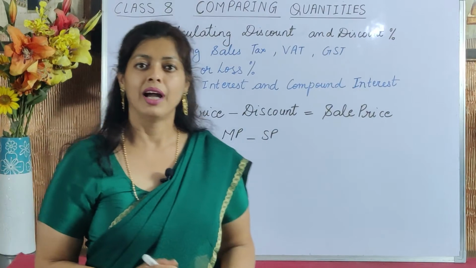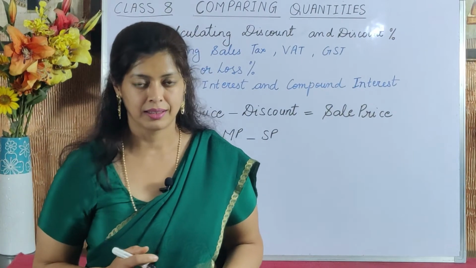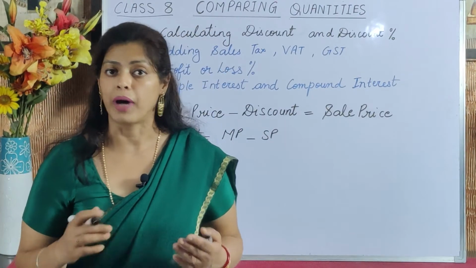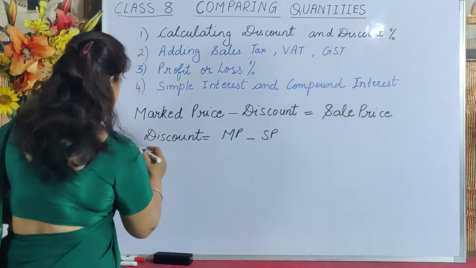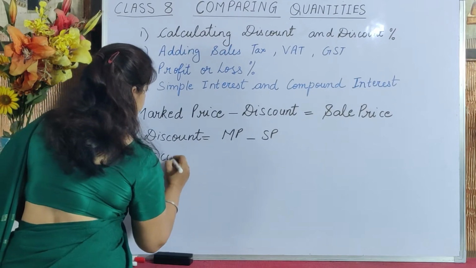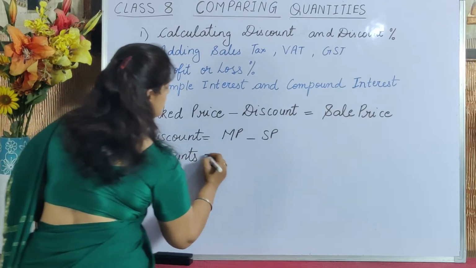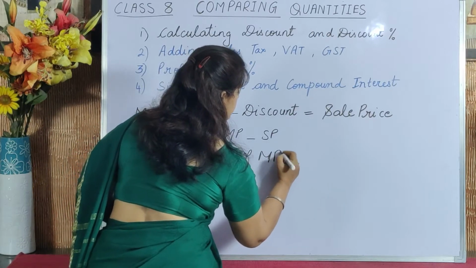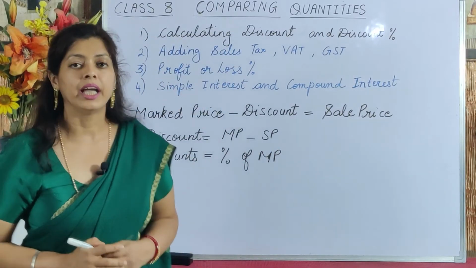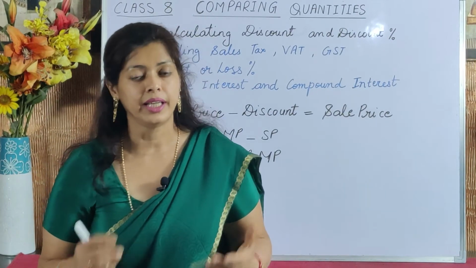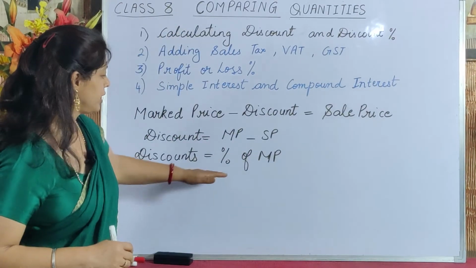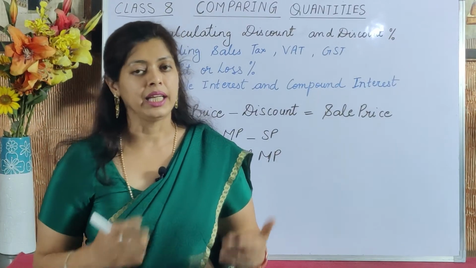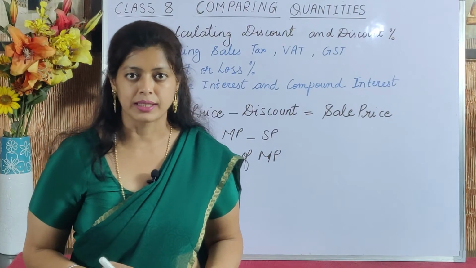Now, discounts are usually given as percents. They are given as percents of the original price or the marked price. So, discounts are given as percent of the marked price or the original price. So, therefore, they are examples of percentage decrease, because in percentage decrease or in percentage increase, we calculate the increase or decrease on the original price.